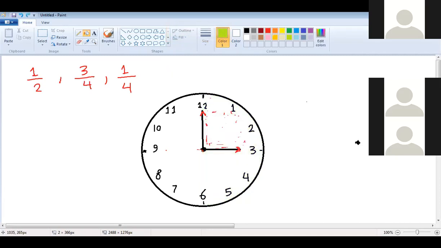All right. Faisal? Yes. What is the fraction of the circle? The green one. How many sections in this circle now?